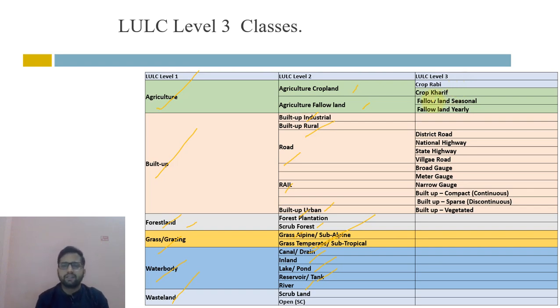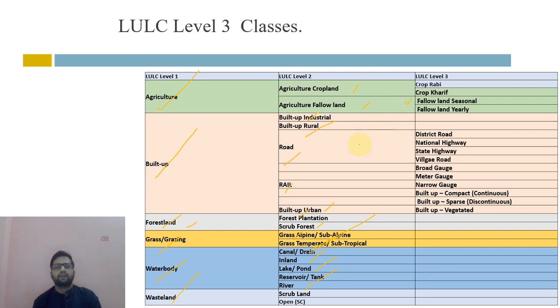Okay, agriculture fallow system, we know the agriculture system is multidimensional and systematic. When agriculture land takes rest, that is agriculture fallow land, or in other senses, where rainfall is minimum, or in a particular season there is no irrigation system, that can be agriculture fallow land.